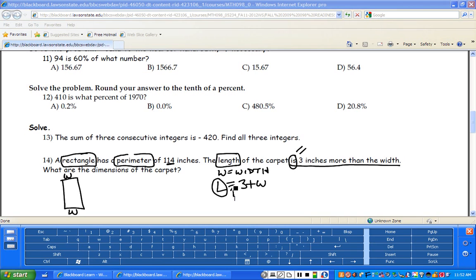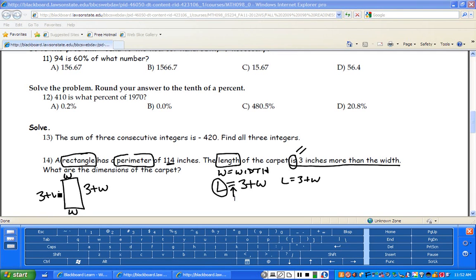The length is 3 more than the width. So you have this equation to use to find your length. Or length is represented by the expression 3 plus W. Okay, so now we write 3 plus W, and because of the rectangle, if that's true on that side, then it'd be the same on the other side.